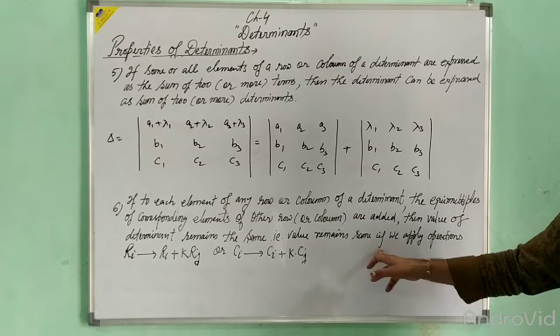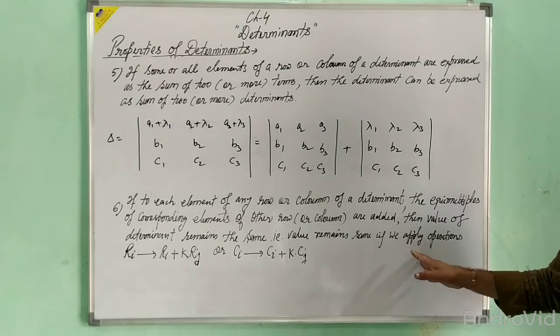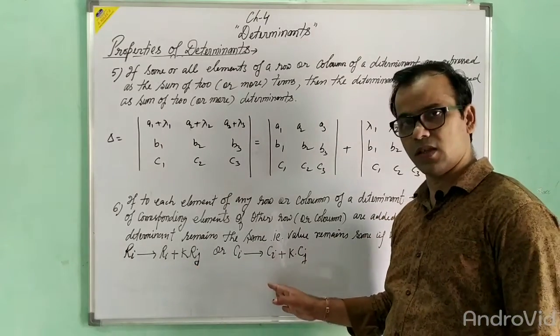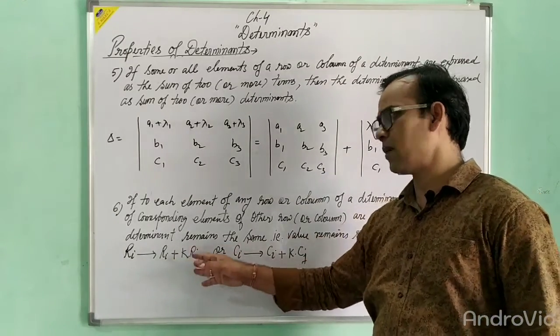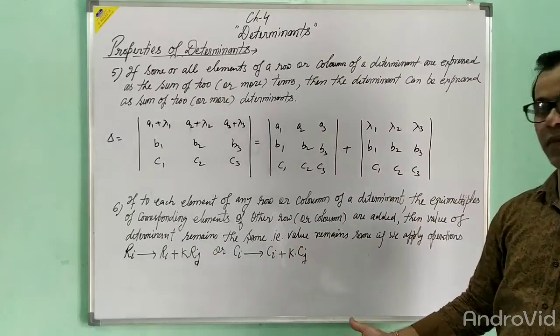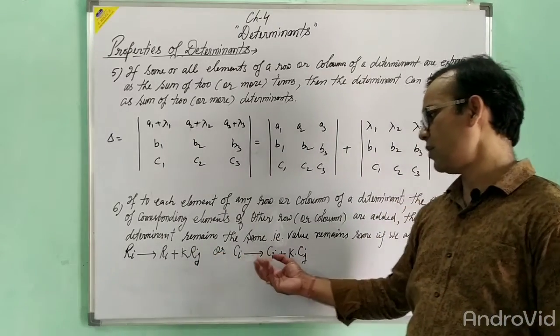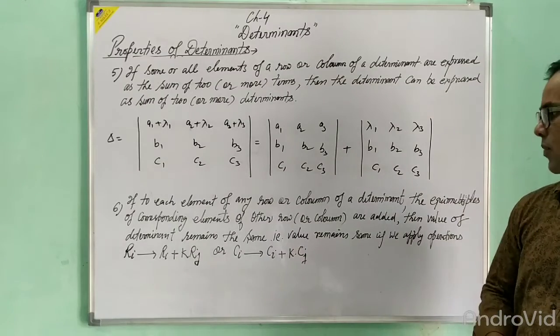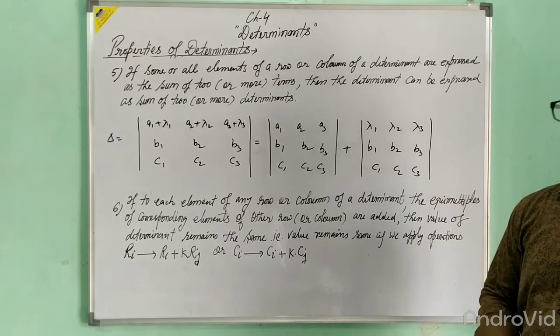For example, the value will remain the same for the determinant if we apply these operations Ri to Ri plus k Rj, or in the column if we apply Ci to Ci plus k Cj. So the value of the determinant will remain the same.